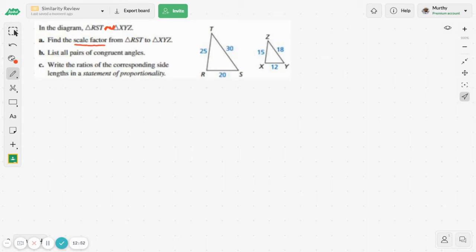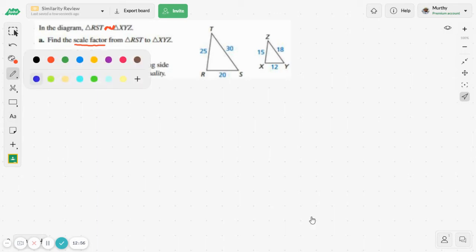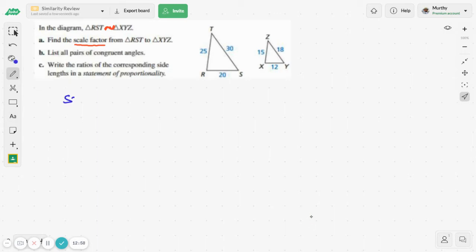I hope you remember the scale factor condition. So I'm writing the condition to find the scale factor. Scale factor equals, we take image over pre-image, and here I'm not sure which is image and which is pre-image.